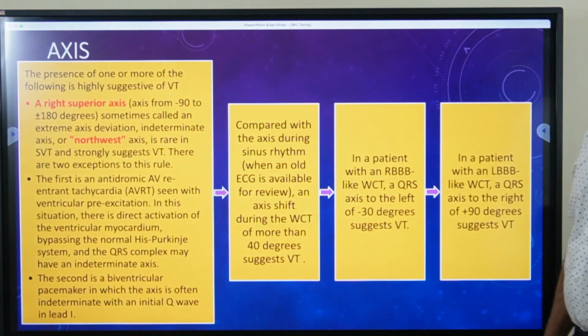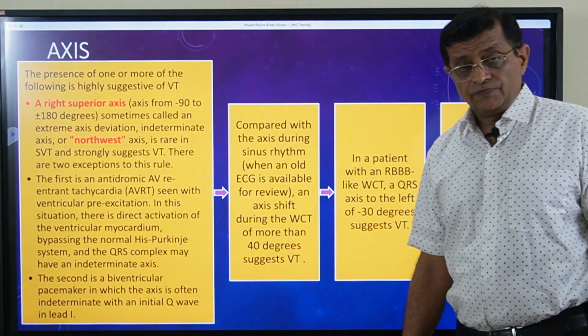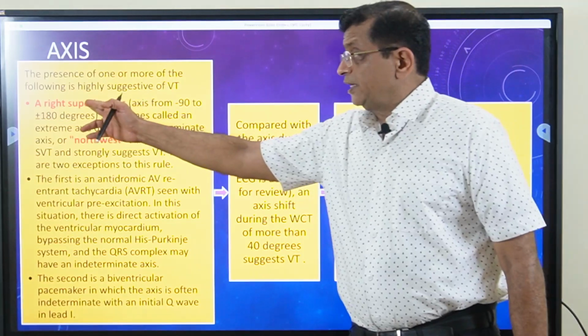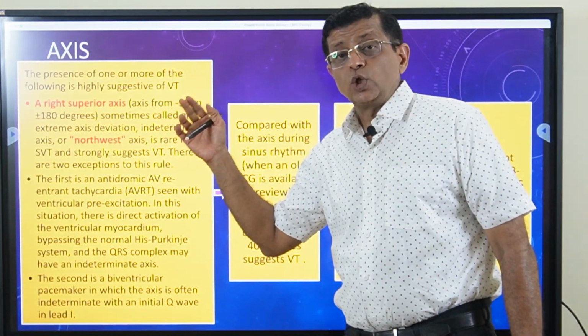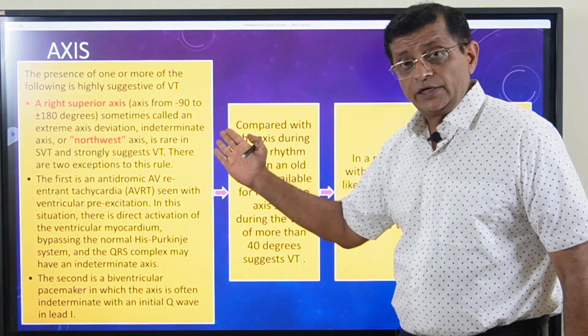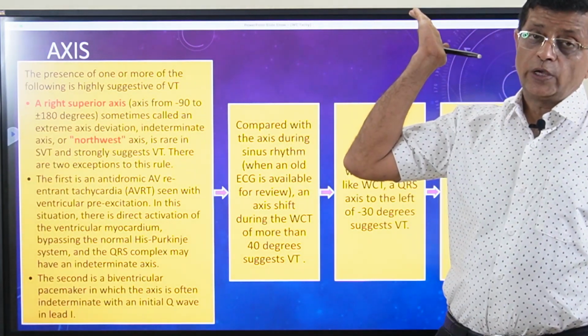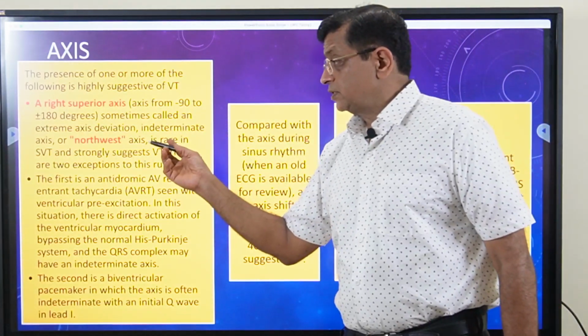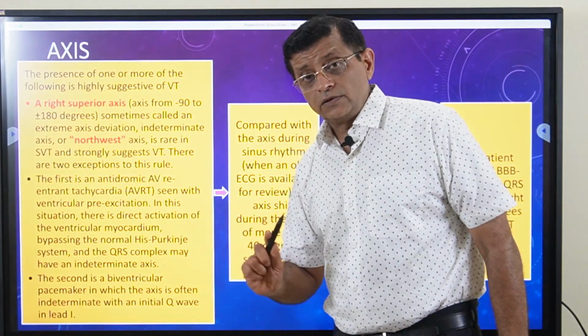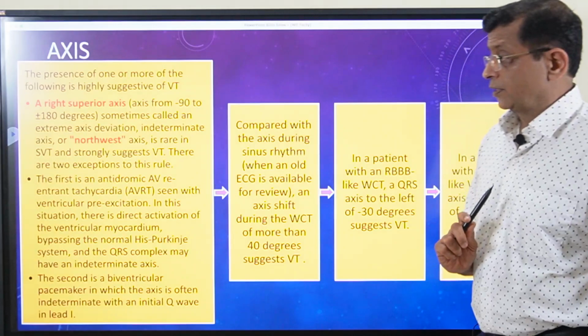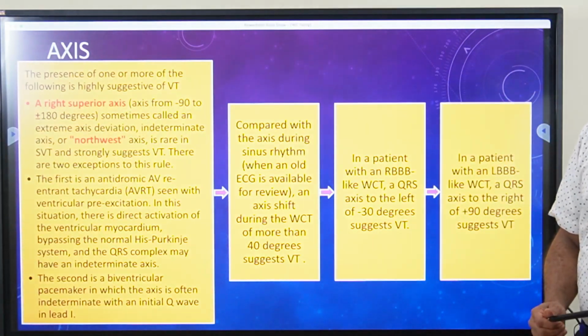Let's go ahead. Then comes the axis. If you see right superior axis, what is called northwest axis, that is between -90 to +180, the axis going this way, it is very likely that the arrhythmia is a ventricular tachycardia, right? There are two exceptions.